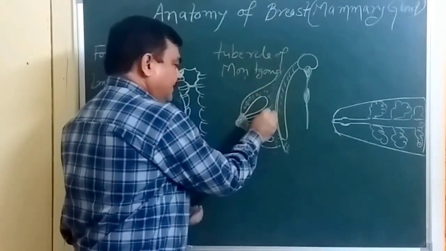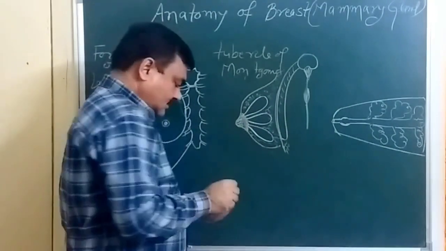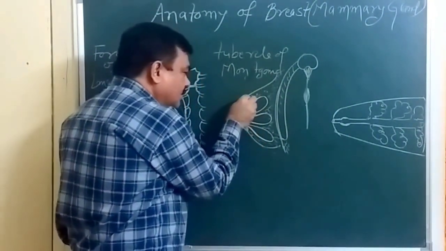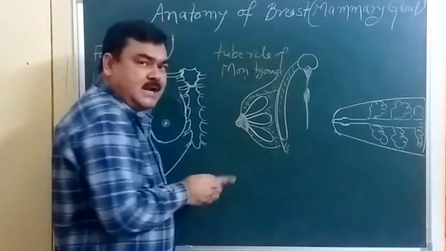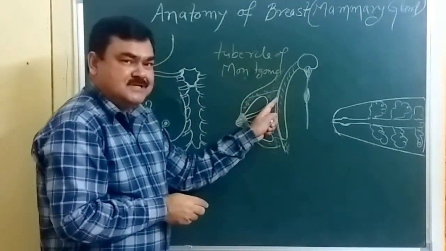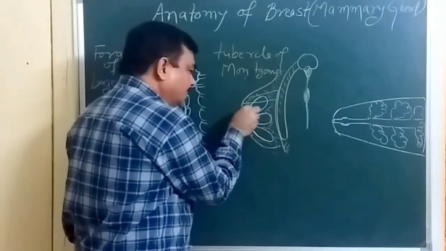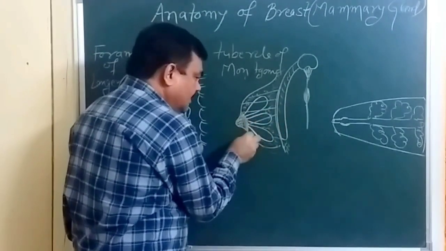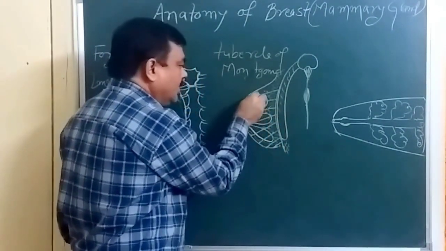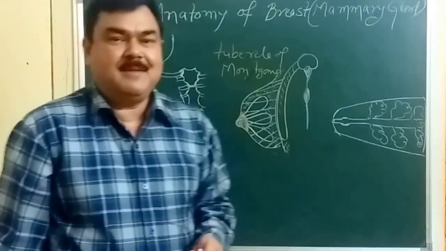These are fatty tissue, and here is fibrous tissue which connects the skin to the pectoral fascia, and also connects the duct to the pectoral fascia. So this supporting framework is known as the suspensory ligament.